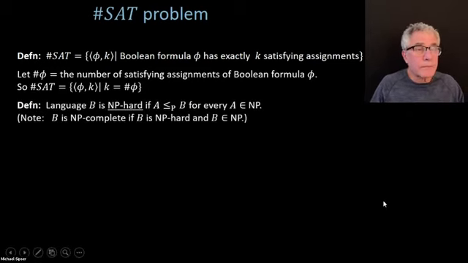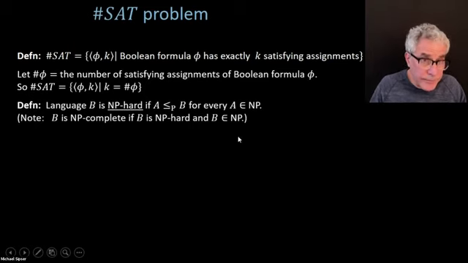Okay? And here's a definition I probably should have given you earlier in the term, but better late than never. The notion that a language is NP-hard is like NP-complete, except without necessarily being in NP. So this is just the reduction part.